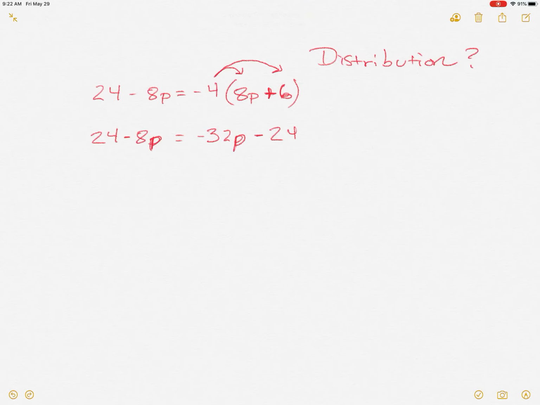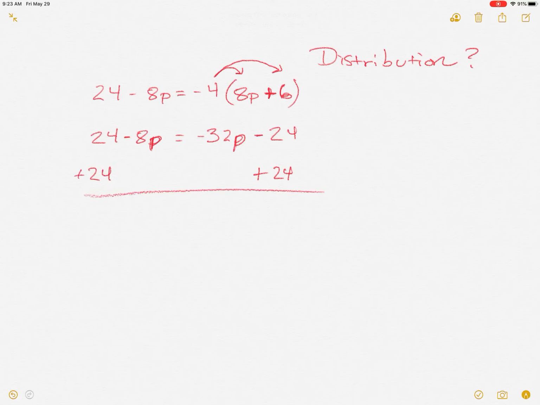We could start by adding 32p on both sides. Or we could start by adding 24 on both sides. And let's go ahead and do that since that was our last option.